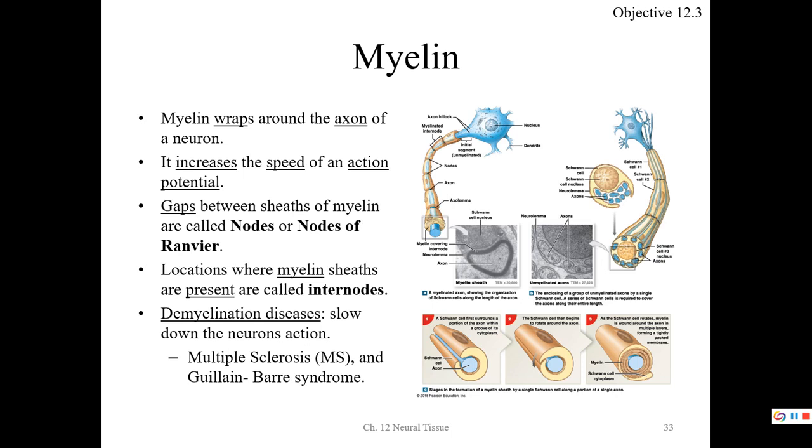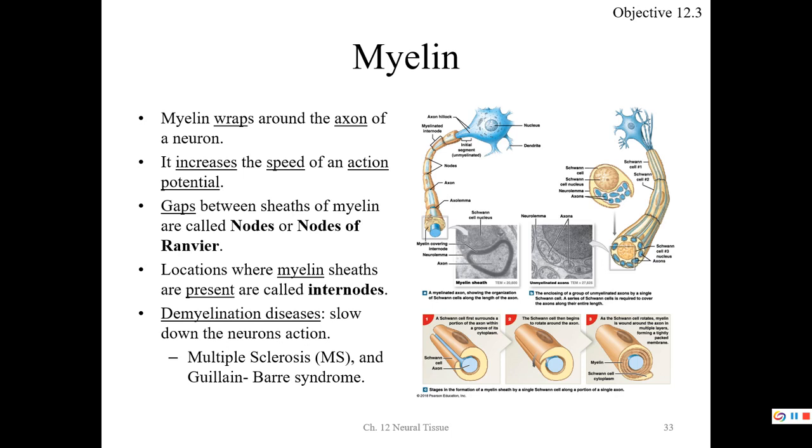And what would happen was it caused Guillain-Barré. I apologize. In the flu vaccine, that protein was also found on your myelin sheaths. And what happened is we made antibodies against it, and we attacked our own cells and started demyelinating them. And so sometimes there was a flu vaccine that was causing Guillain-Barré, and they had to actually go back and adjust that. They had to change it. But MS and Guillain-Barré are two demyelination diseases that you may run into.